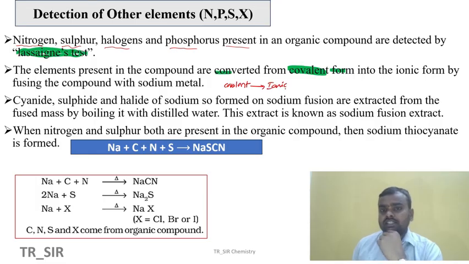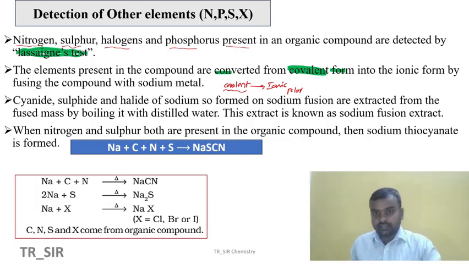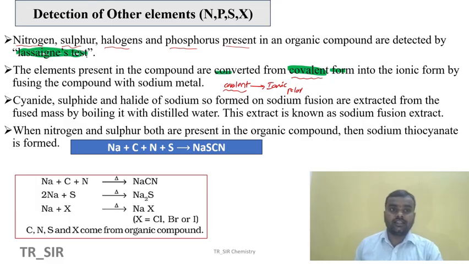Ionic form is slightly polar and can be dissolved in the solution, whereas covalent compounds will not dissolve. If they are not dissolving, it is not easy to identify which element is available. So that is the purpose. We have to first convert the covalent compound into ionic form. There we require the Lassaigne test.